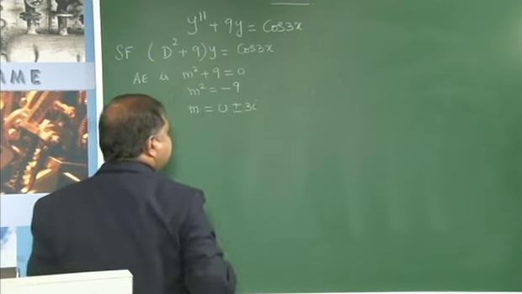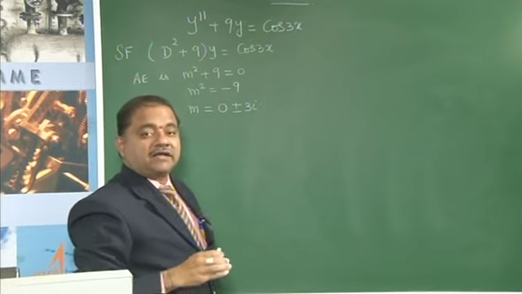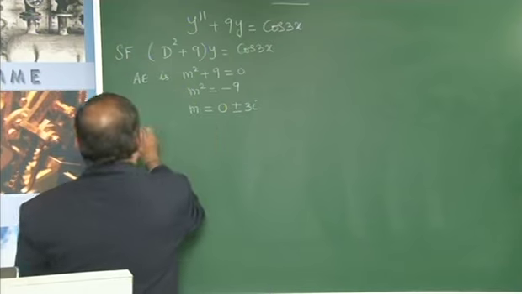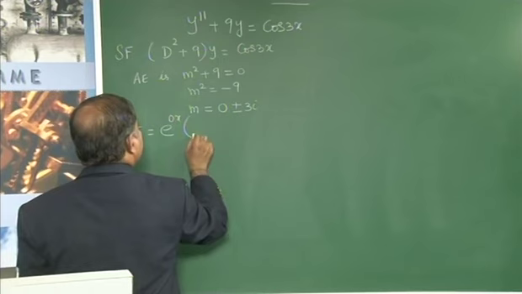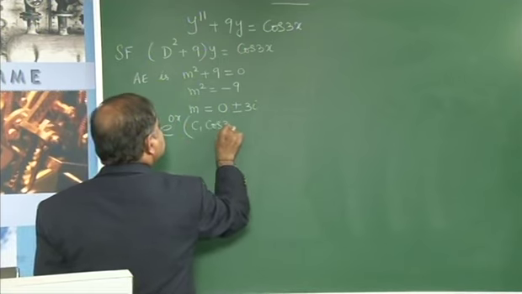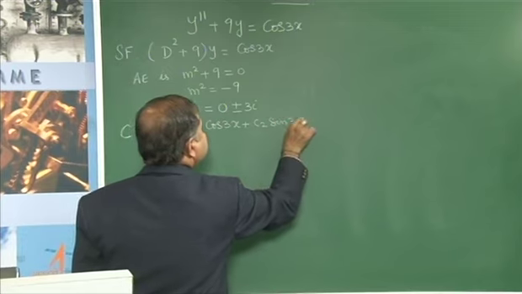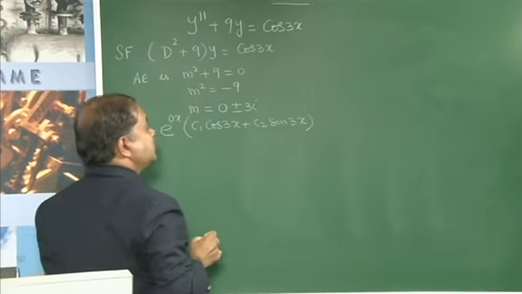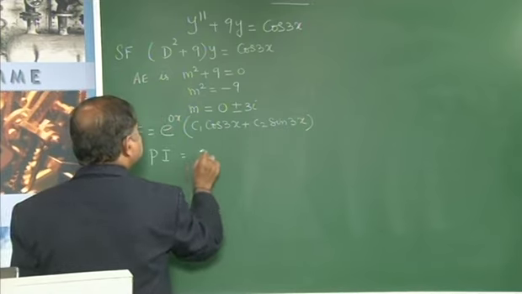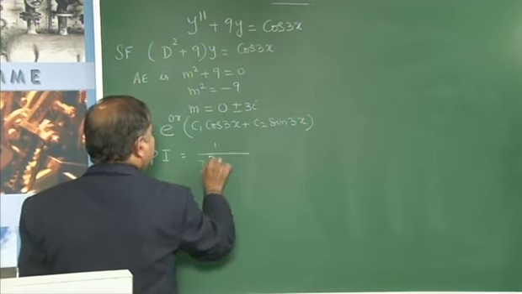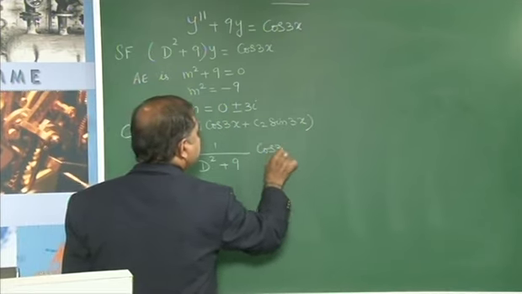Usually we write 0 plus or minus 3i because m1 plus or minus i m2. Now what is my CF? E power 0x, c1 cos 3x plus c2 sin 3x. This is my complementary function. Go for the particular integral, 1 by D square plus 9 cos 3x.